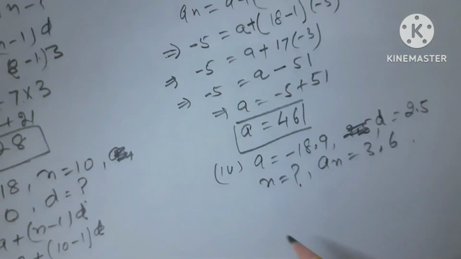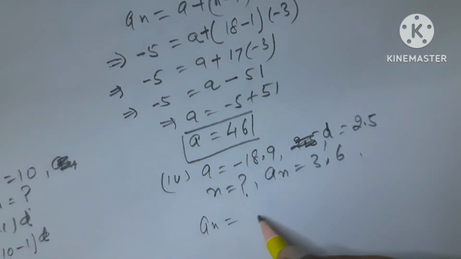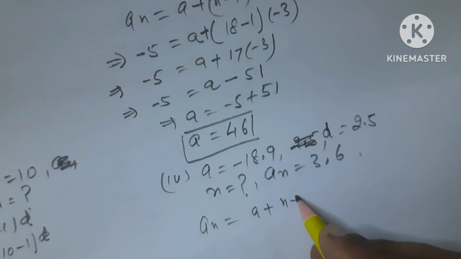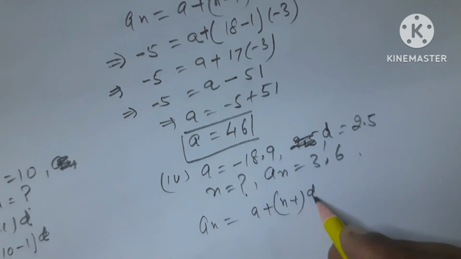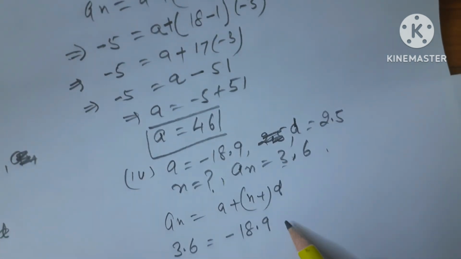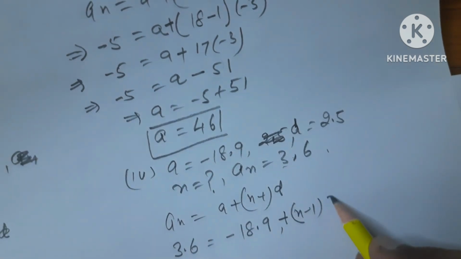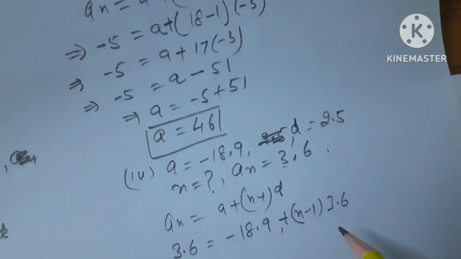Okay, let us do. We'll use the formula. An is equal to a plus n minus 1 into d. An is 3.6. A is minus 18.9, plus n we want to find out, n minus 1, and d is 2.5.